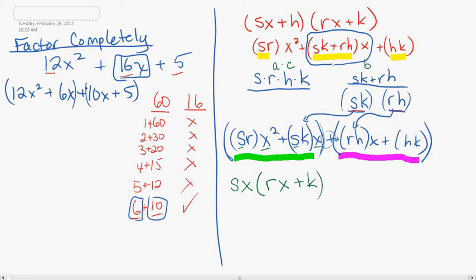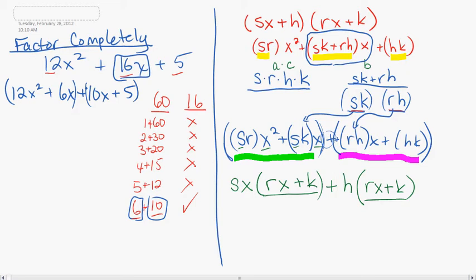Likewise, when I factor the purple group, the only thing the two terms have in common is h. So I'm left with rx plus k. You'll notice that I have the same thing in both, so I can actually factor it out of both terms.